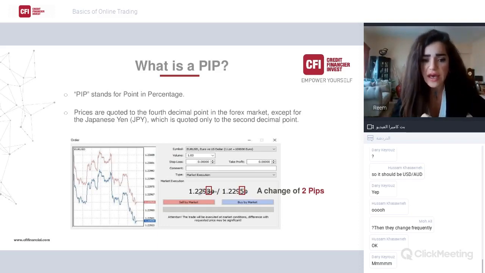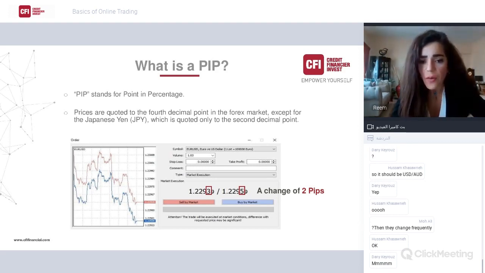In currencies, the spread is usually the fourth point after the decimal, the fourth number after the decimal. The change in them is the spread: how much is the difference between the buy and sell.